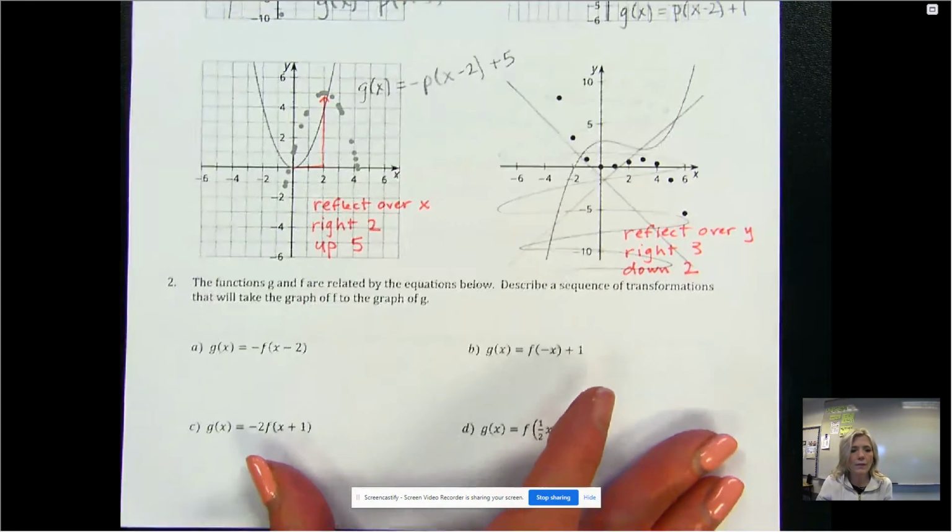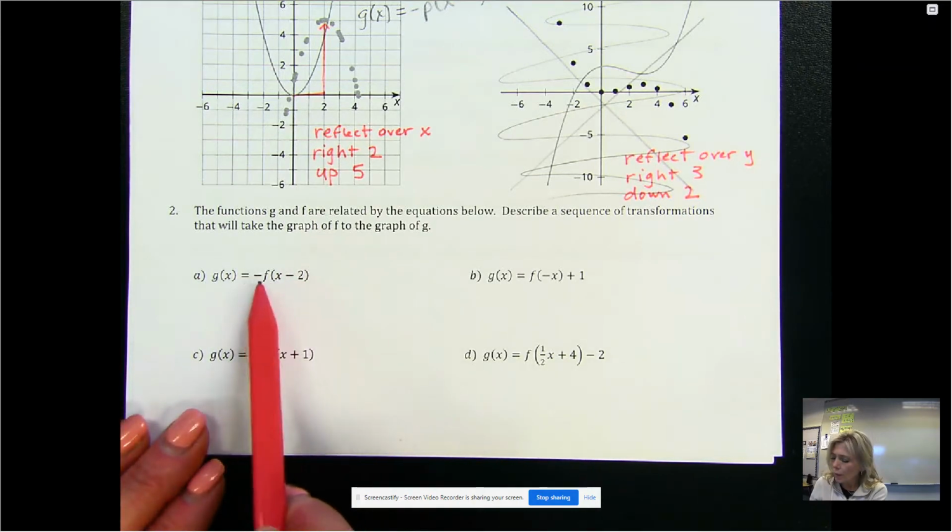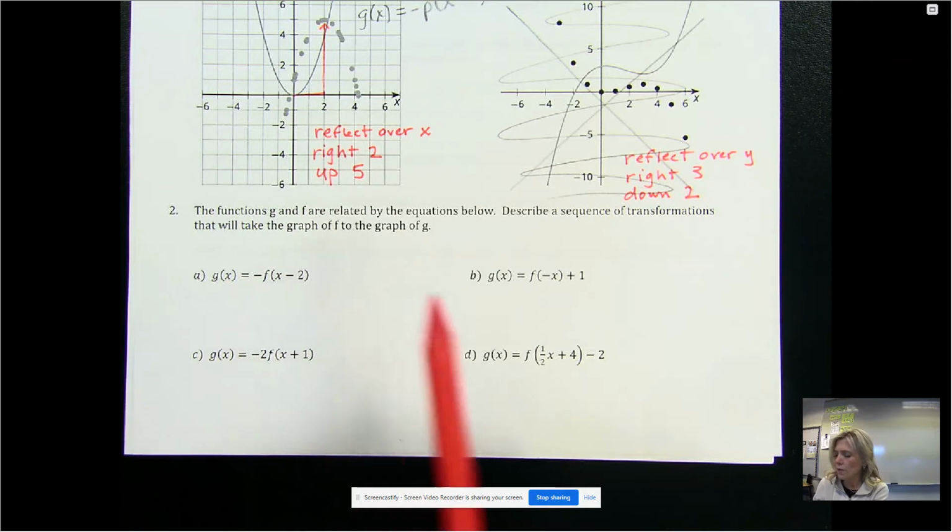All right, in the next section, it says the functions g and r are related by the equations below. Describe a sequence of transformations that will take the graph of f to the graph of g. So we're just looking at what are all of the parts that don't just say f of x, what are they doing?